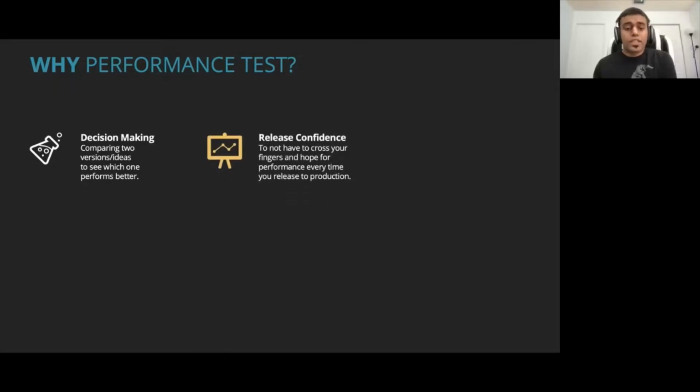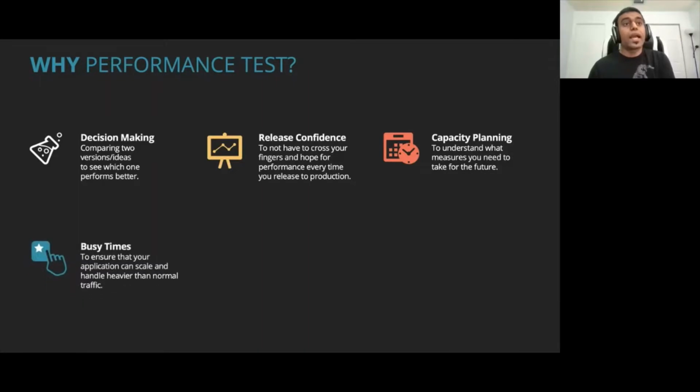For release confidence, your regular releases, you do regression testing to make sure nothing has gone horribly wrong so that your customers don't have a bad experience when a new release goes out. For capacity planning, to make sure that we are set up for the future as our traffic grows month over month or year over year.